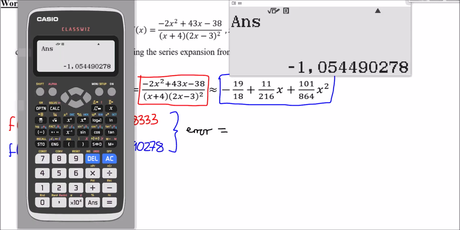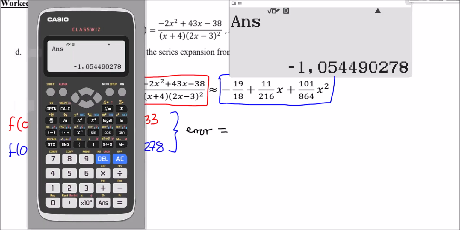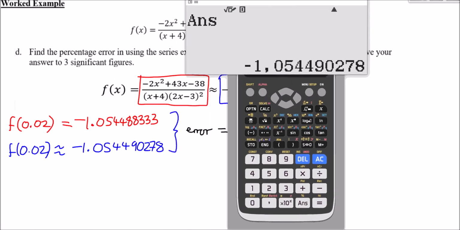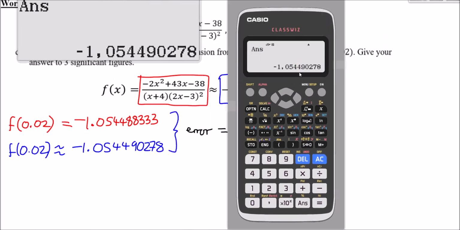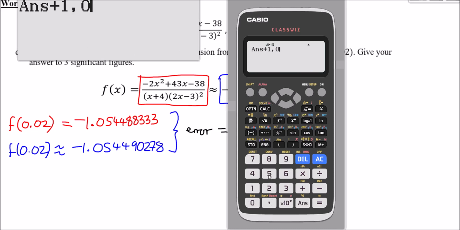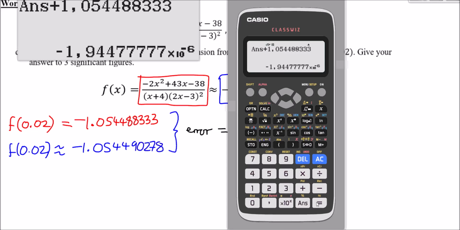So on the calculator, we've got stored in this value here for our approximation. If I then subtract from that the actual, in other words, if I just add on this one here, we'll find the difference between them, in other words, the error. So 4488333, oops, one too many threes. It's just absolutely minuscule.